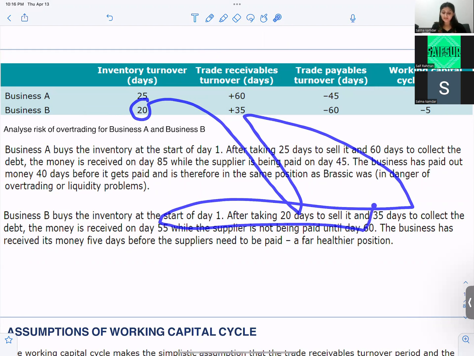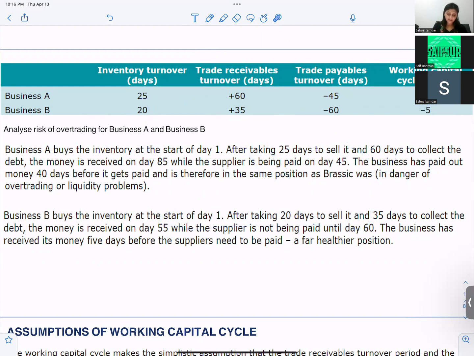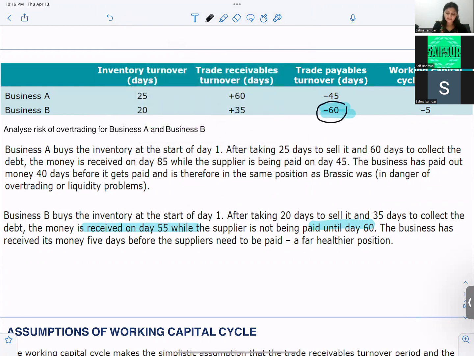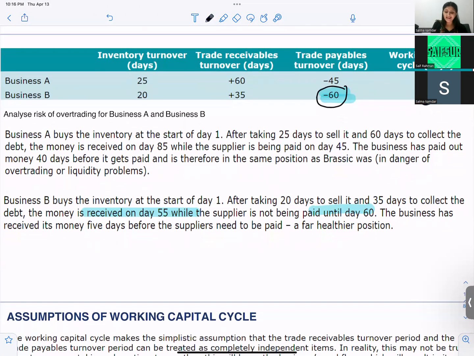That means you pay your supplier 5 days after receiving money. So this is in a healthy position.